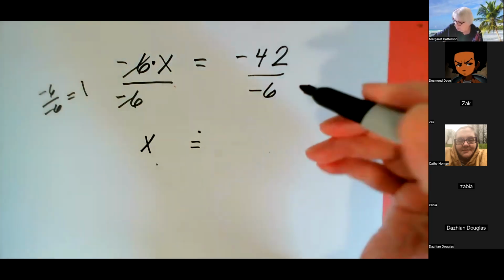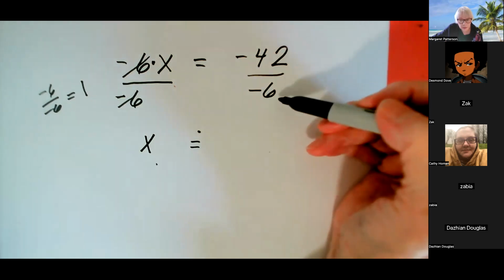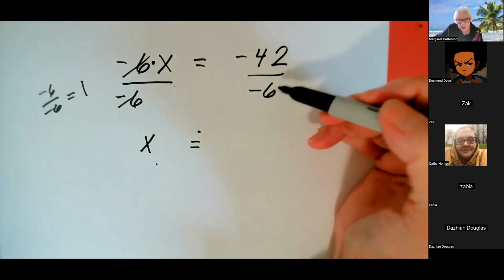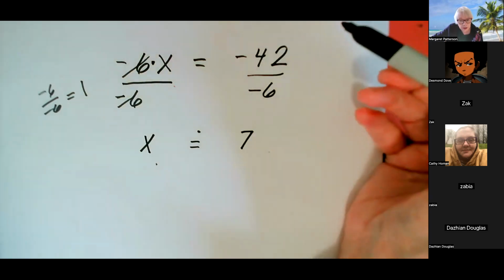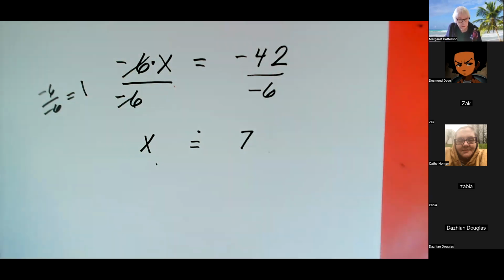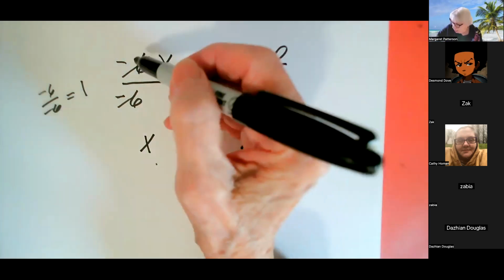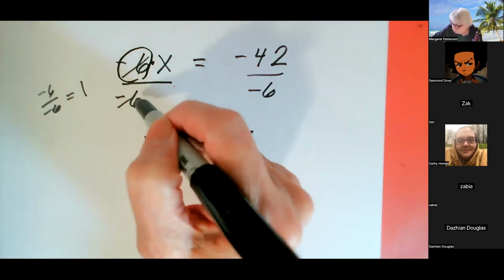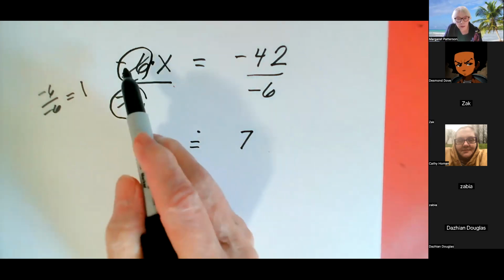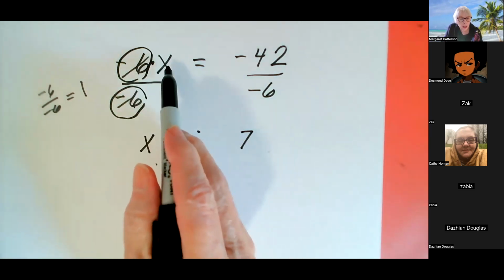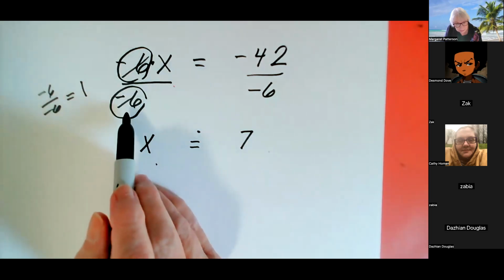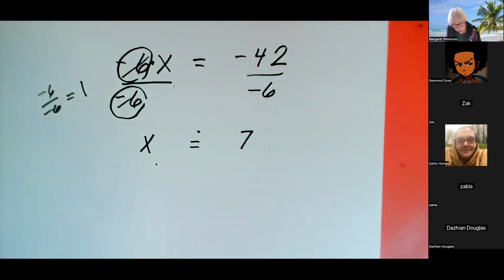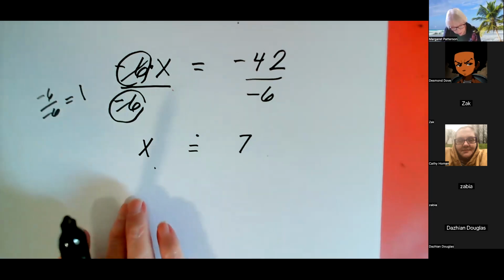Now over here, I've got 2 negatives. Now 42 divided by 6 is 7, and the 2 negatives in division makes it positive. So the trick here is when you have a negative number multiplied to the x, you have to divide by the same number and the same sign. That's a kind of common mistake I see, and so I wanted to show you that particular one.